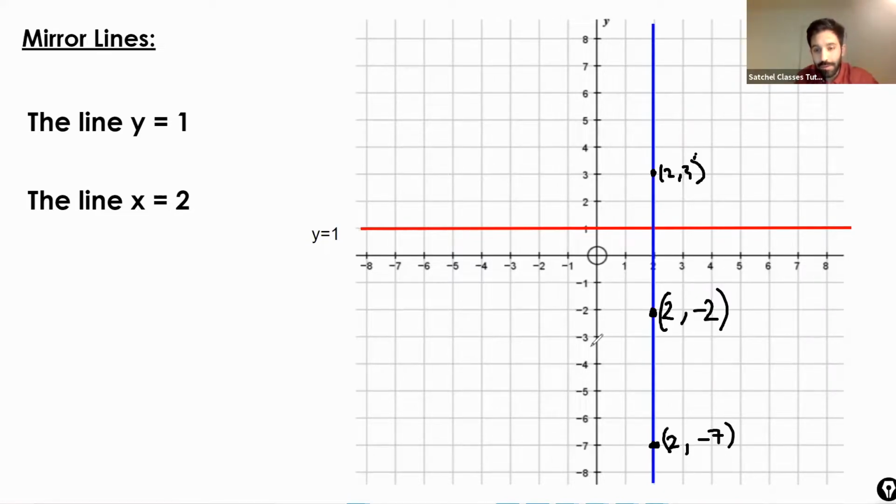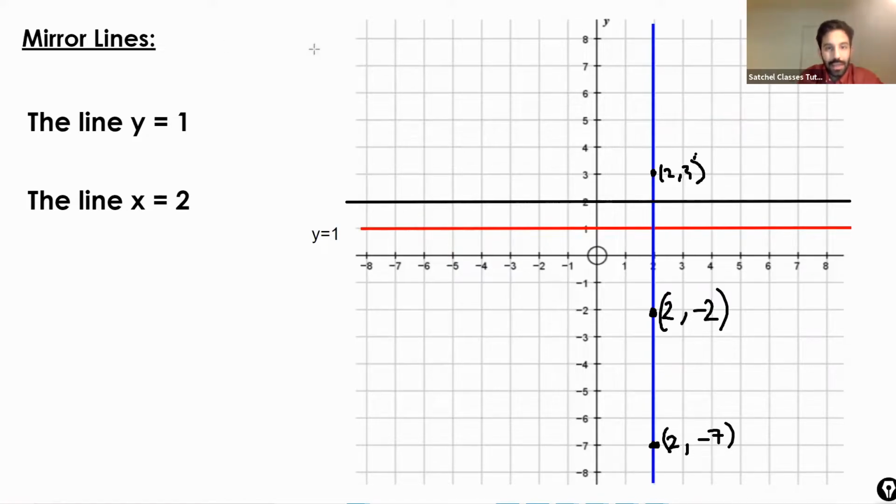And if you ever get confused, if you're unsure, just think about the coordinates or draw another line on the opposite axis. So think about this coordinate here. If we were to draw a straight line here, will the x coordinates always be 2?